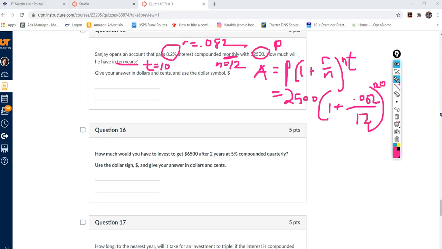And so if I get my calculator and do that, so 2500 times 1 plus 0.082 divided by 12, all to the 120th power.